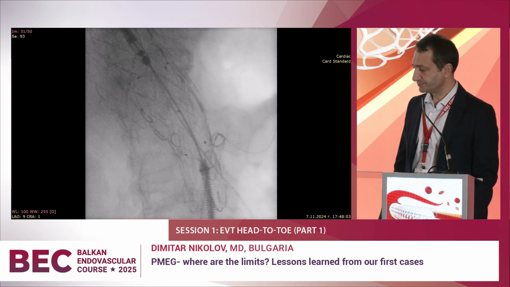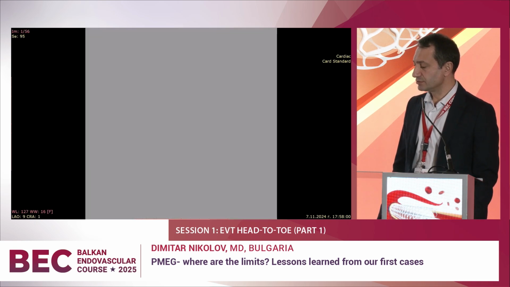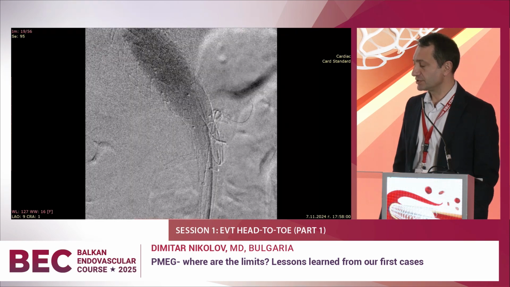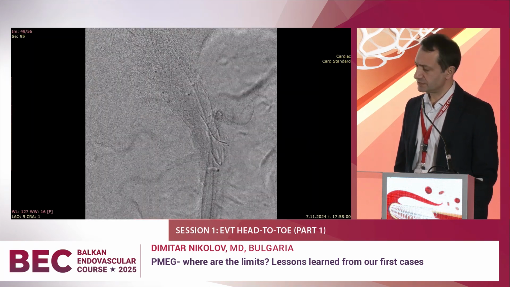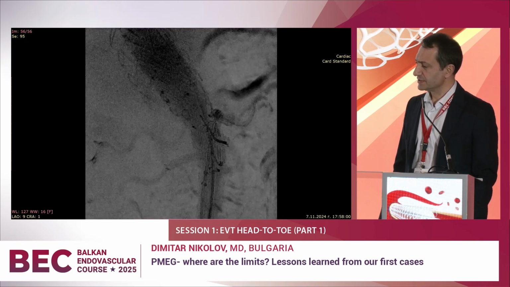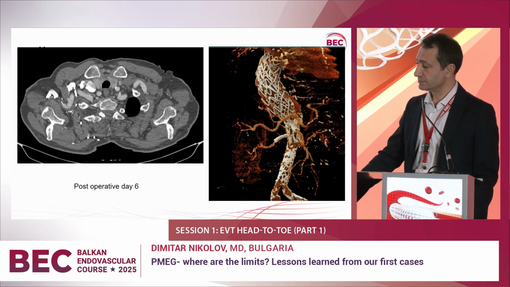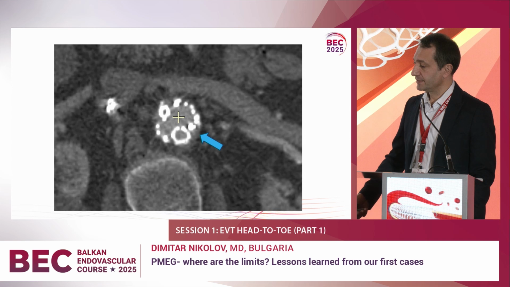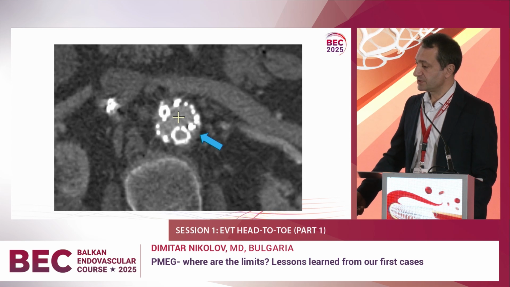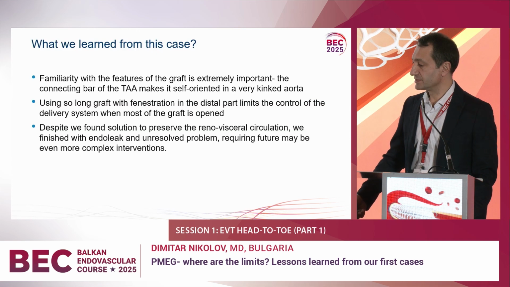So we succeeded in sparing the circulation of these critical visceral vessels, but in fact resulted with some endoleaks, probably from the gutters. And this patient is under surveillance now.